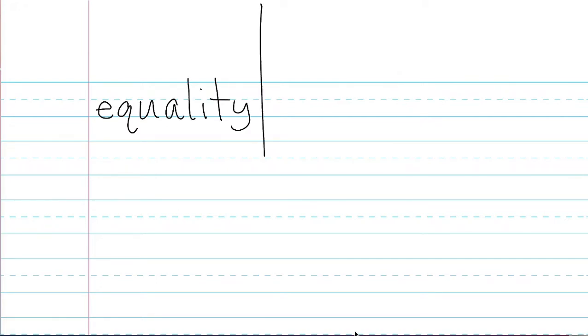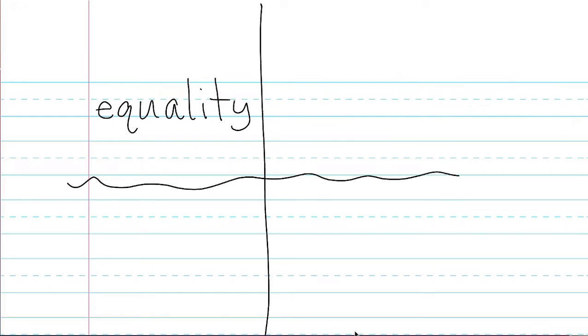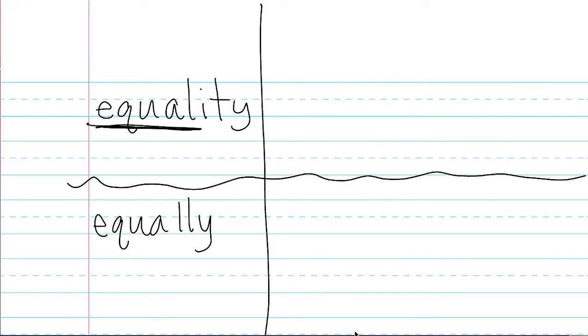So I already added equality, and then we wrote what it means. I'll add both of them in so we have them both in one spot. So equality and equally. Now, I don't think I asked you to do this already, but I want you to underline the base word equal so we can see that equal is in both of these words. Equality and equally.